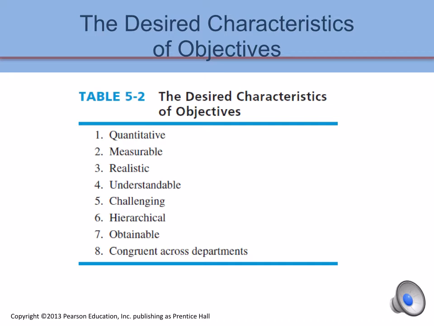In addition to these desired characteristics, we also divide the objectives into two, financial versus strategic objectives. Financial objectives include indicators such as growth in revenues, growth in earnings, higher dividends for the shareholders, larger profit margins, great return on investment, higher earnings per share, a rising stock price, and improved cash flows.